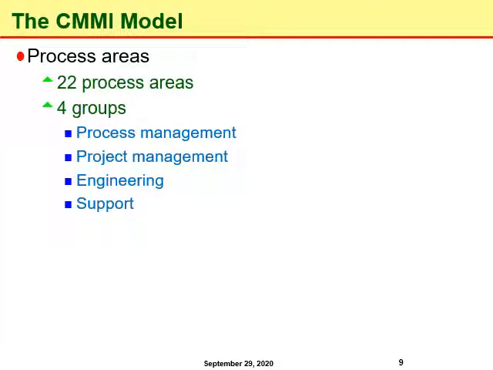Then the CMMI has 22 process areas that are further organized into four groups. And these four groups include process management, project management, engineering, and support.